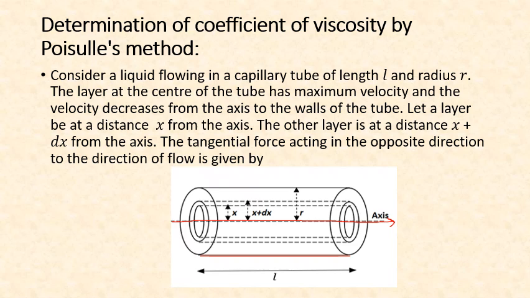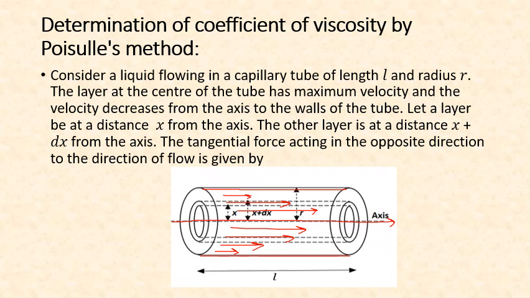Now the layer which is above will have some velocity. The layer which is further above, the velocity is increasing. So at the farthest away the velocity will be maximum. The capillary tube has the other side also, there will be a surface, and the liquid molecules lying on the surface here will be at rest, and as we move away from the surface, the velocity of the layers is increasing.